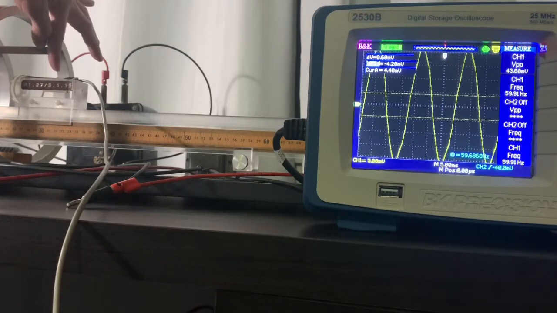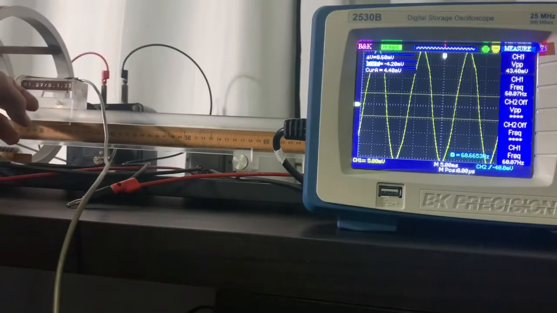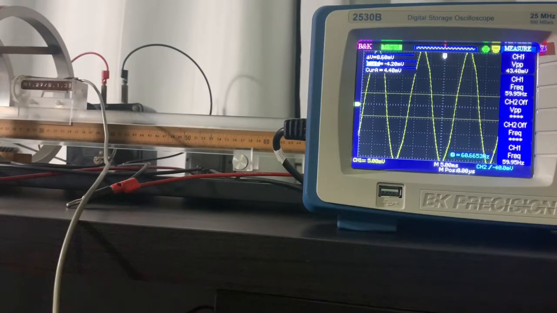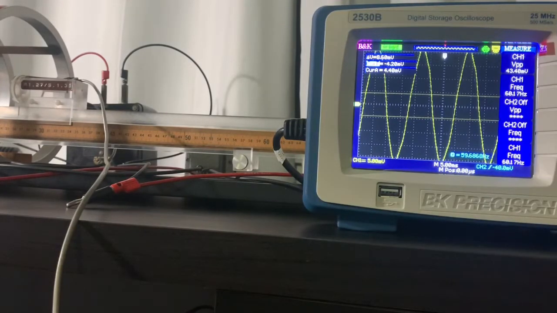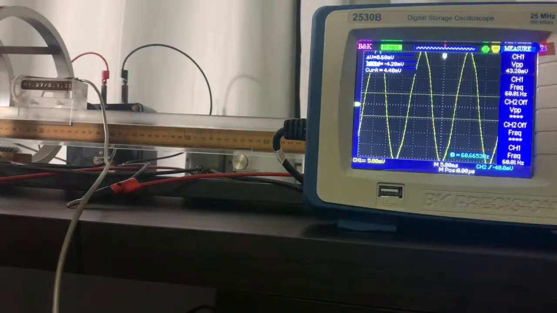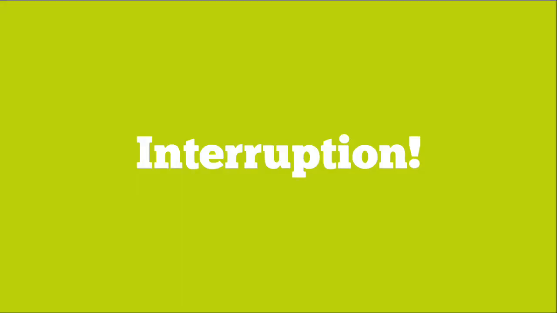So we're going to start off with the base of this search coil at 25.4 centimeters. I'm doing that because that puts the actual coil dead center in the middle of this large coil.